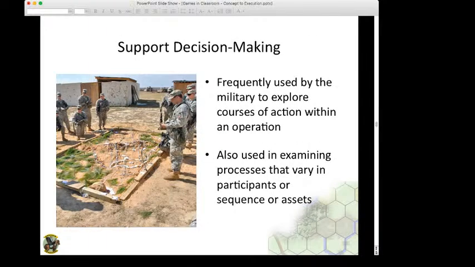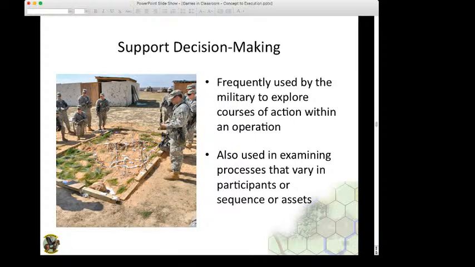The great example within the military, of course, is that they use this to explore different courses of action during planning for a particular mission. One of the steps in the military decision-making process is wargaming out varying courses of action, and it's not simply did I win or lose. You also have to account for other considerations in the course of action. Which one is most sustainable?